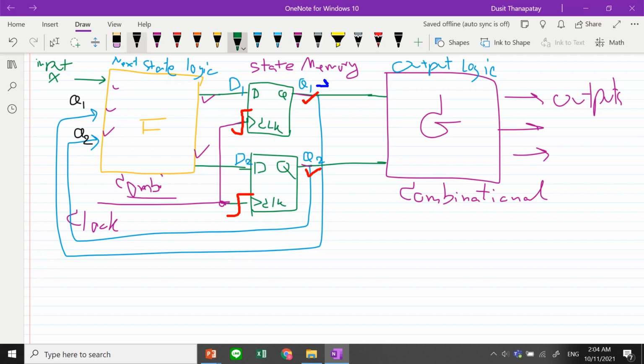Maybe change from Q1 to Q1 star, Q2 to Q2 star. We use Q star for the next value, or next state, after clock tick, right? The previous one before clock tick is Q. When clock tick, it changes to the new one, Q star.